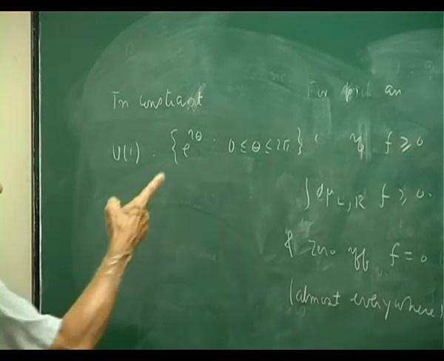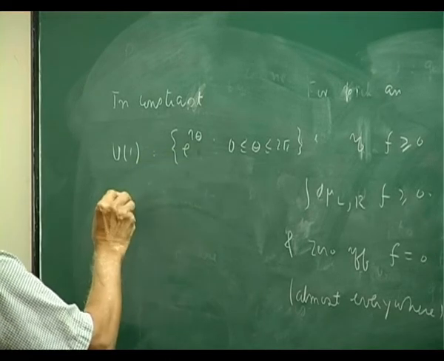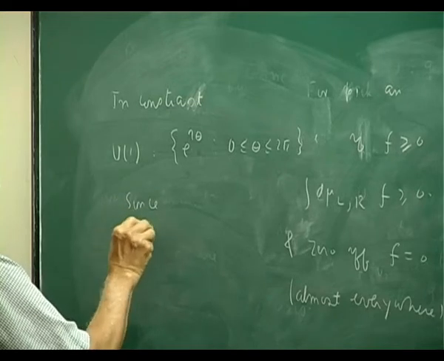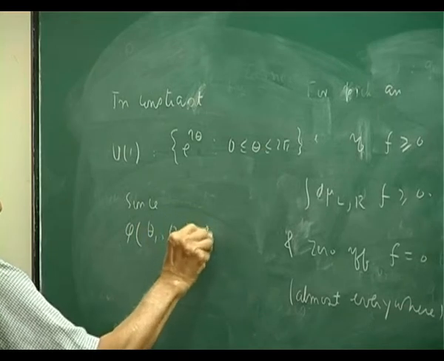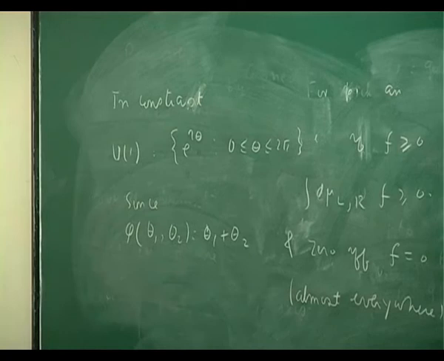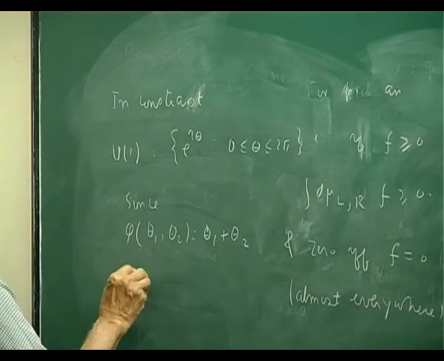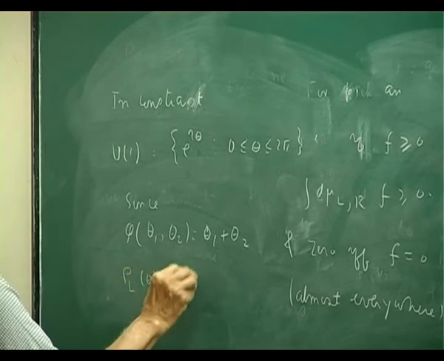Since the local coordinate is theta, and since this equation is true for theta 1 plus theta 2, again rho L of theta is rho R of theta is equal to 1.